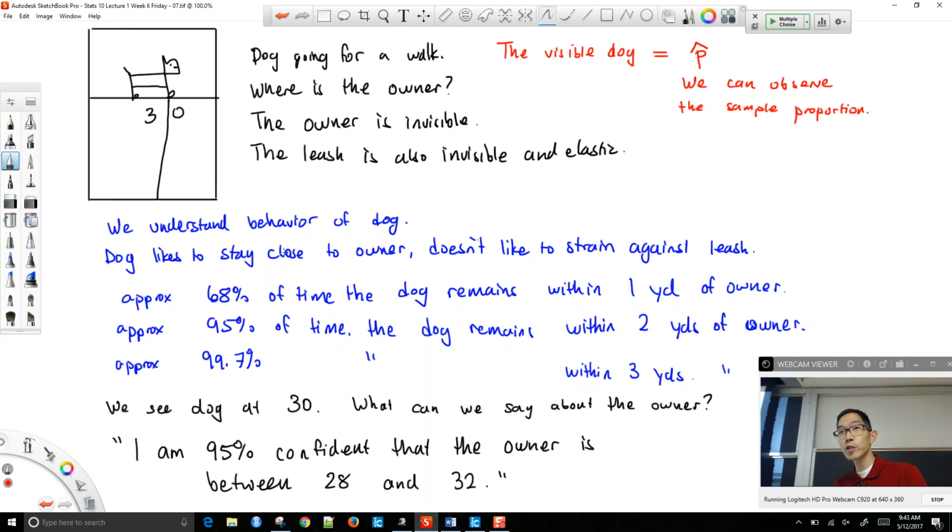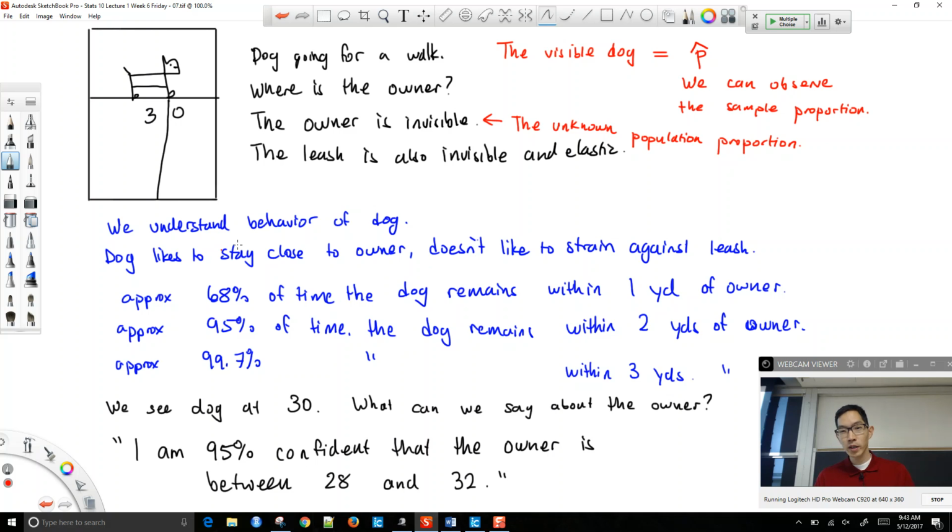Meanwhile, the invisible owner is like the population proportion that we don't know, okay? The unknown population proportion. We want to know, where is the owner? Where is this population proportion if we can only see the sample proportion? Based on the sample proportion, what can we say about the population proportion?